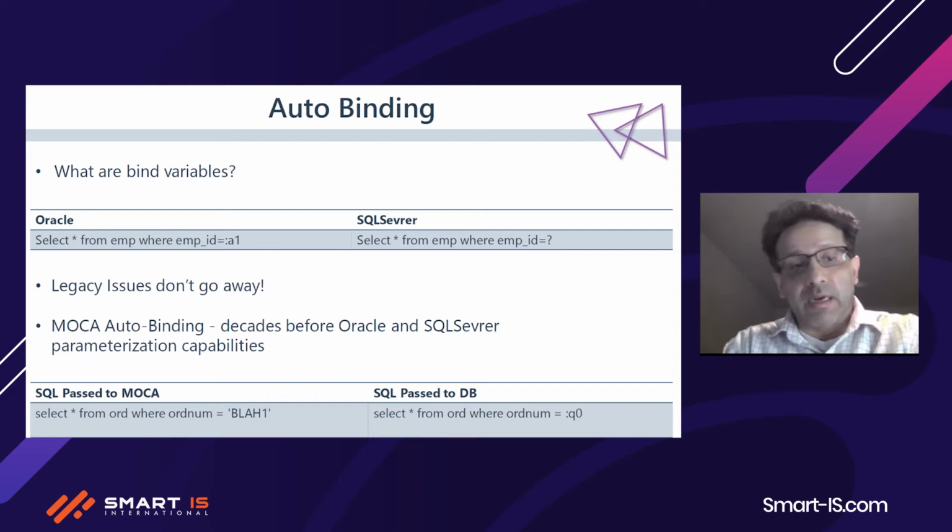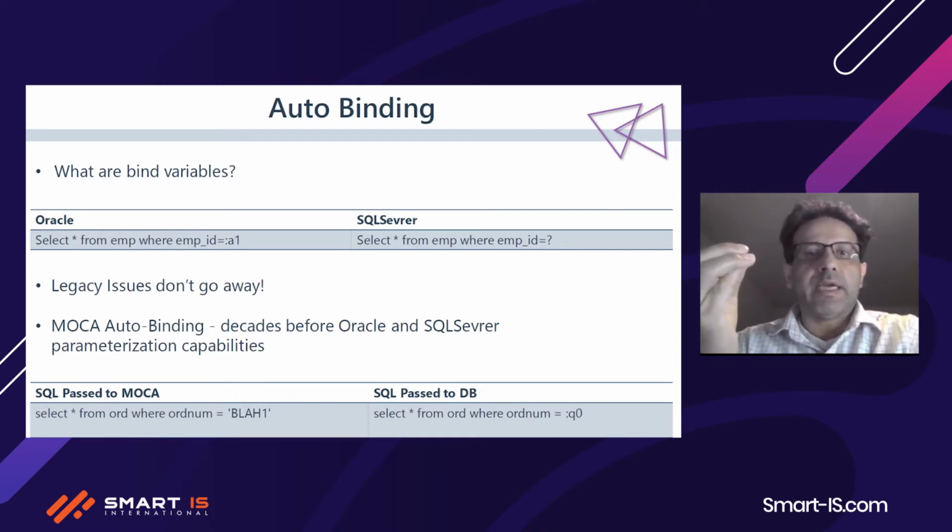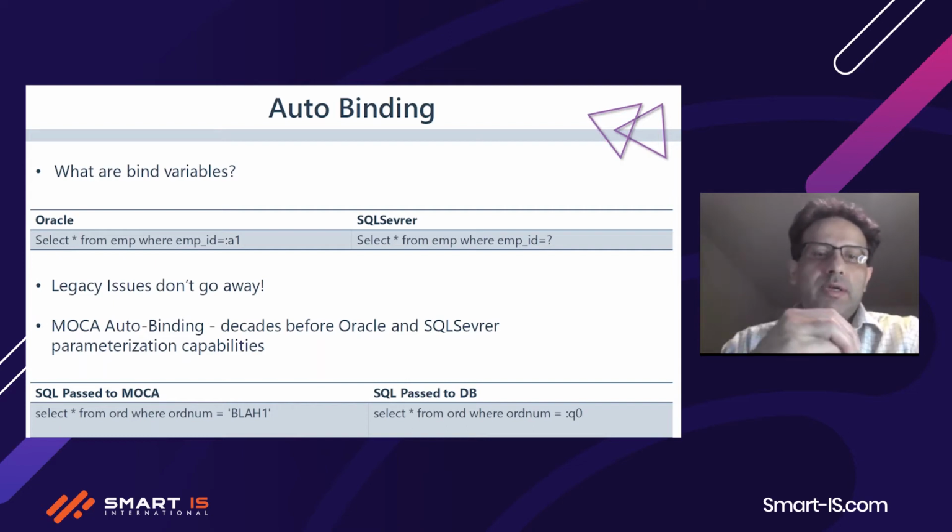And as a little more history, almost a decade later, Oracle introduced the same concept, called parameterization of force. So Moca was doing this a good decade before that. That is where the concept of auto binding comes in, so that your SQL statement could still have literals. So you get the best of both worlds. The SQL statement still goes in as literals, and Moca replaces those literals with bind variables on the fly.